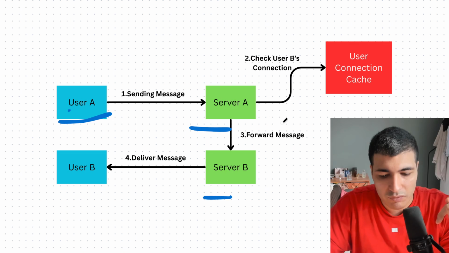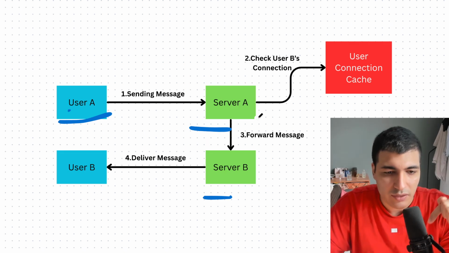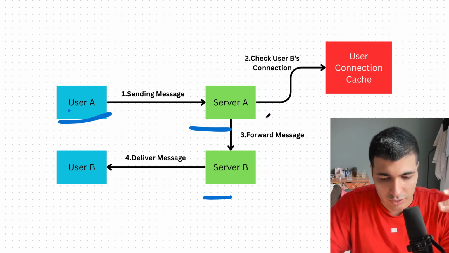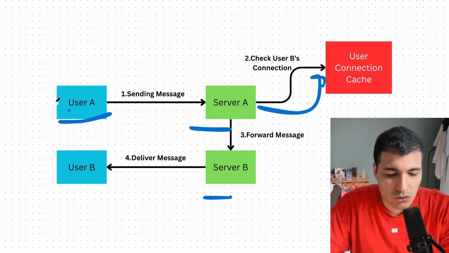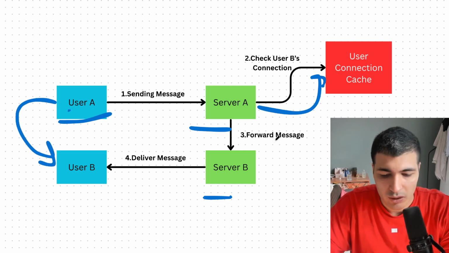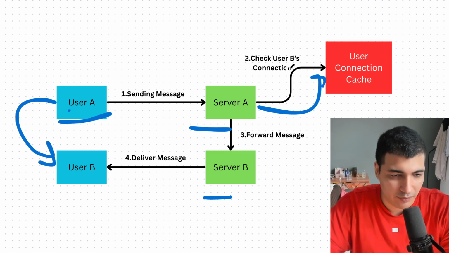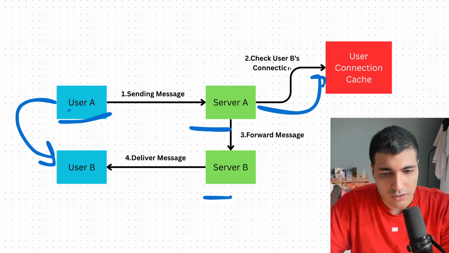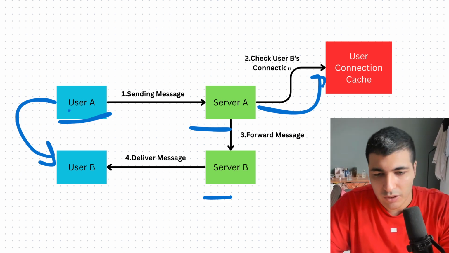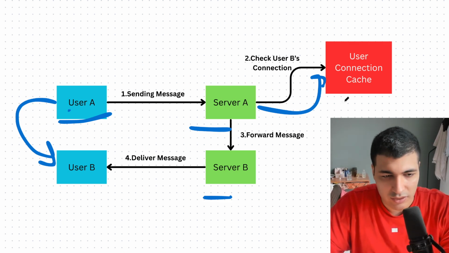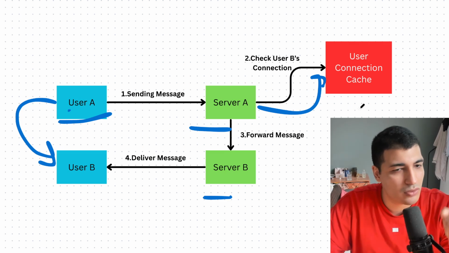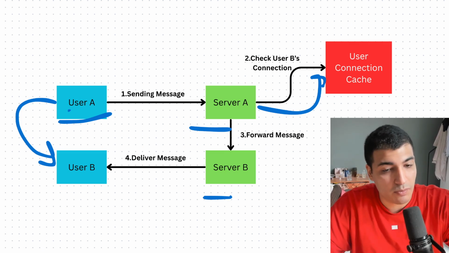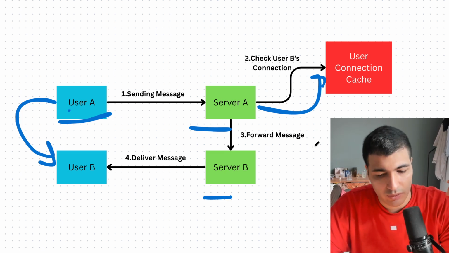After that, server A will check the user connection cache, because user A wants to send a message to user B. Server A checks the user connection cache, usually a fast in-memory database like Redis, to find out in which server user B is connected.